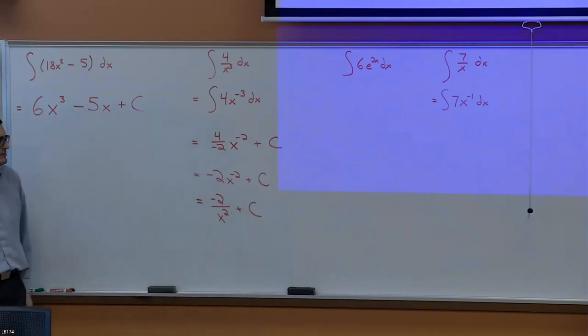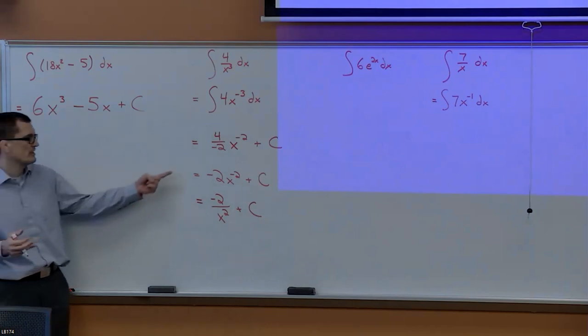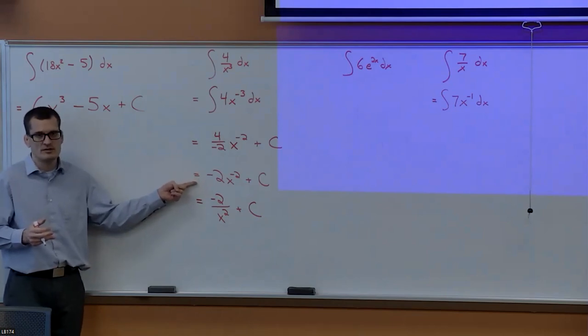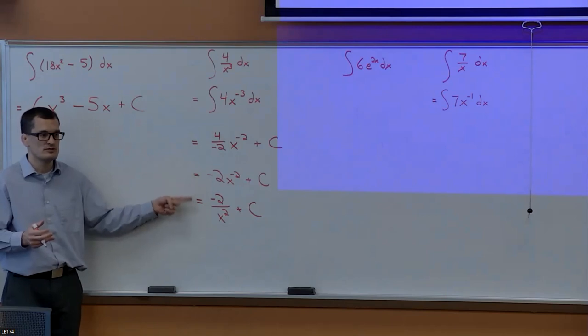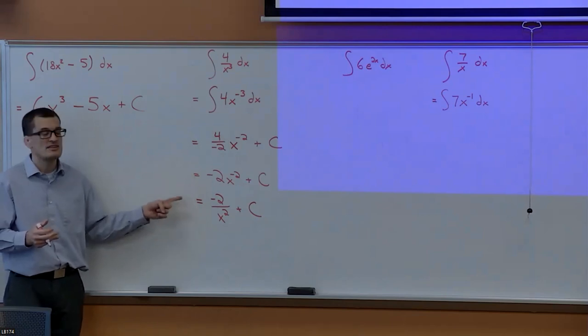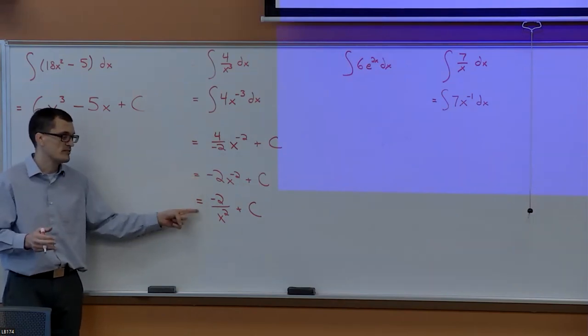So sometimes people will write that with positive exponents. Sometimes people will leave it with negative exponents. I'm not going to care which one you utilize. I think Moodle should interpret these as the same.